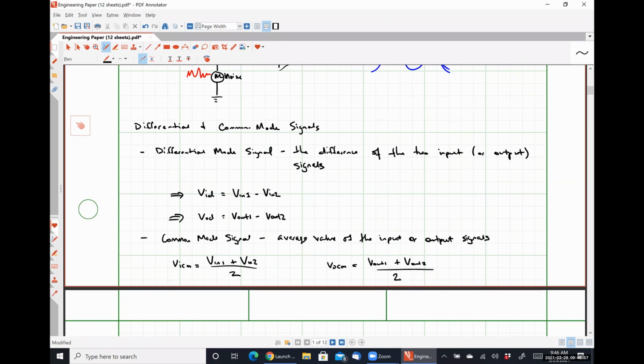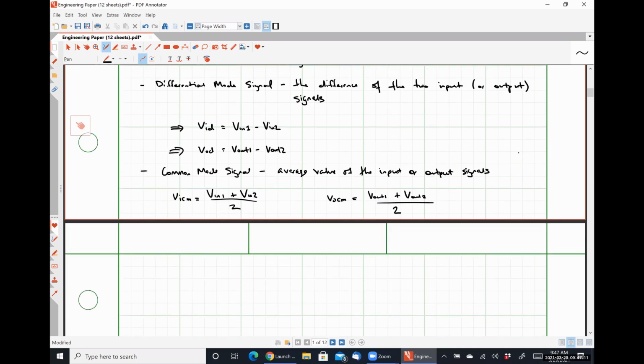over 2. And we can actually take these two representations and deconstruct any input signals into a common mode portion and a differential mode portion. I'm going to do just this in some circuit analysis later on. VN1, I can say, is my input common mode signal plus 1/2 of my input differential signal.